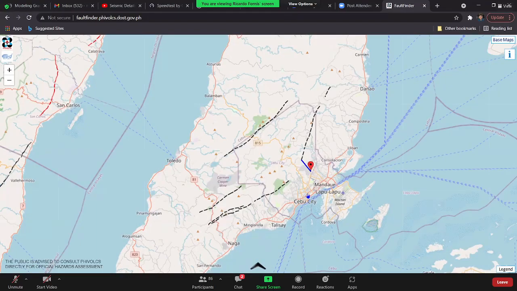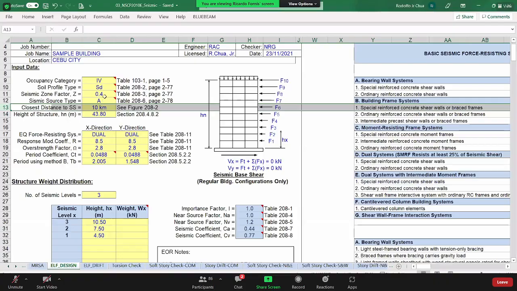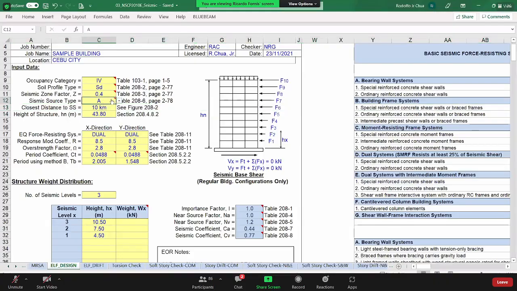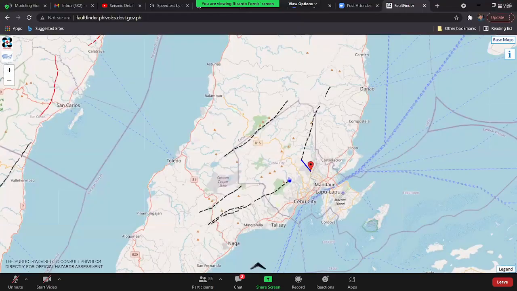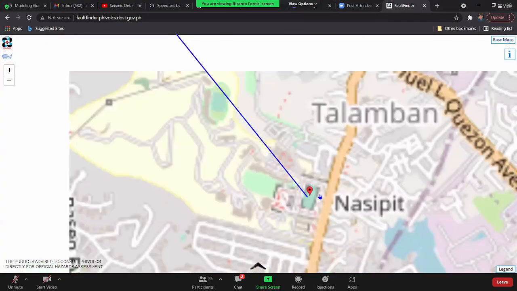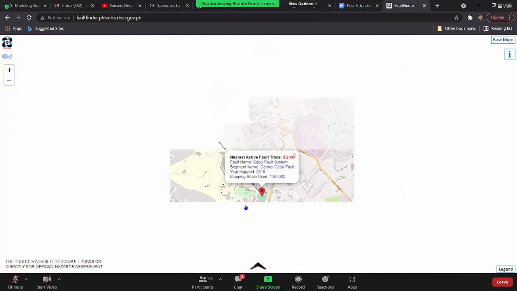So meaning it can produce greater than magnitude 7 earthquake. So that's why ato lang i-consider here na type A. And then the distance, it's not 10 kilometers but it's less than 5 kilometers kay ang atong na-identify is 3.2 kilometers man to. So less than 5 kilometers.